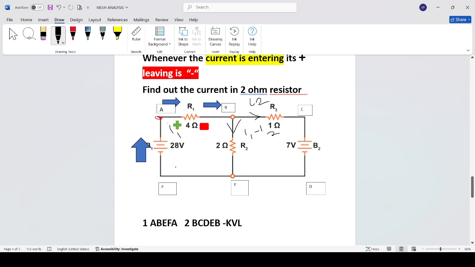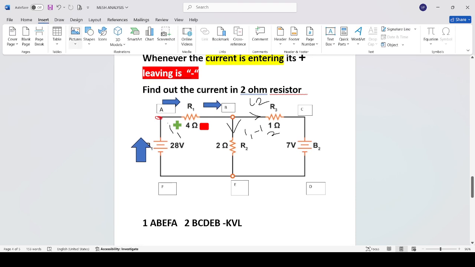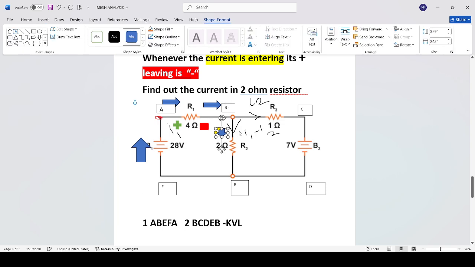Again we are going to check it. The current I1 minus I2 is coming down. When it is coming down, what sign should you put? You should put a positive sign.